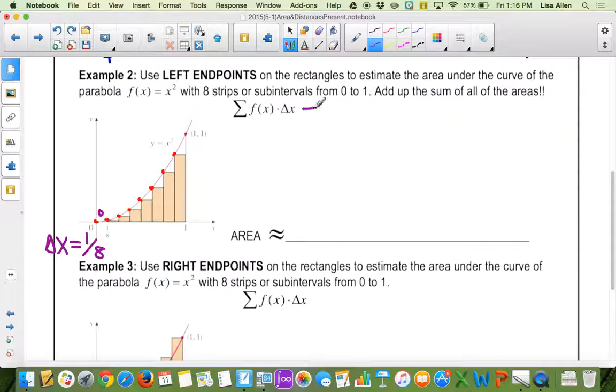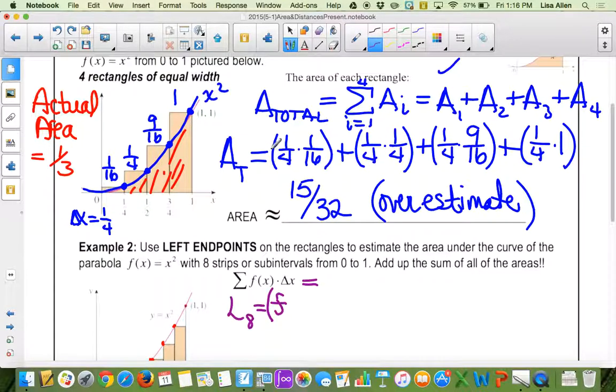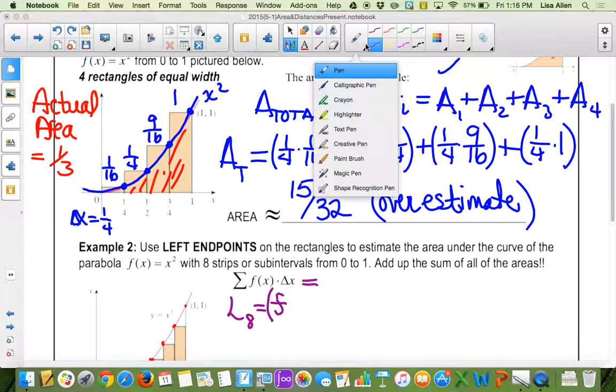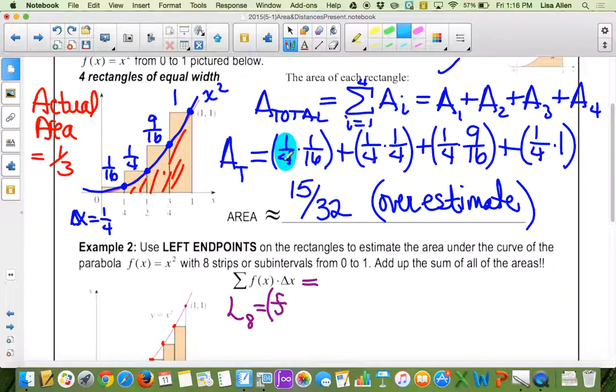When I handle this one, I'm looking at L, and there are 8 subintervals, so I'm going to call it L sub 8 is equal to. I'm going to use function notation here because I need the function value. Remember that at the end, what we could have done above is factor out the 1/4, because the 1/4 is a factor in each of the products for area.